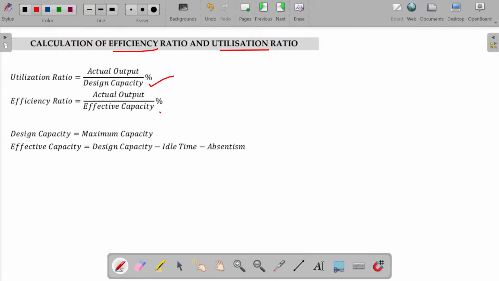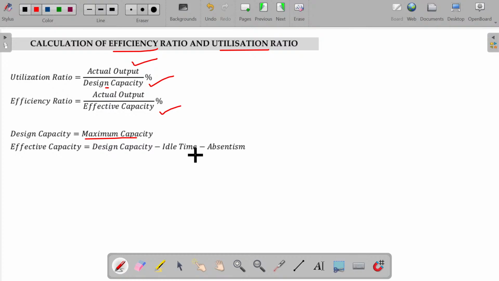Design capacity, effective capacity, actual capacity. Design capacity is nothing but the maximum capacity that we can produce using the machine. Usually, this is not practically possible. A day has 24 hours, but will it be possible to work all 24 hours? Naturally not.